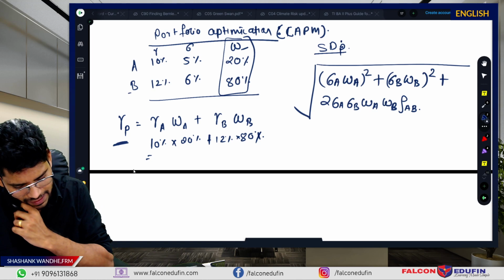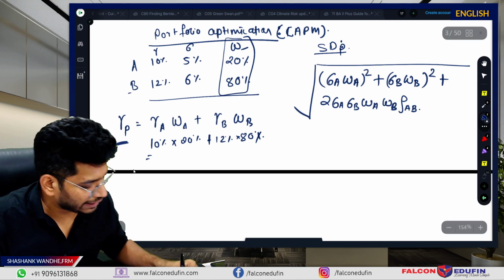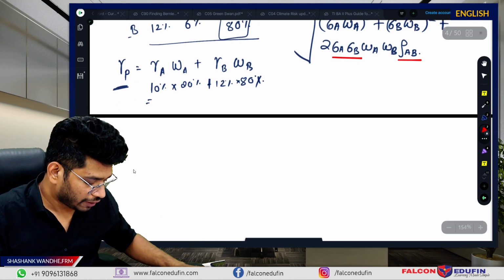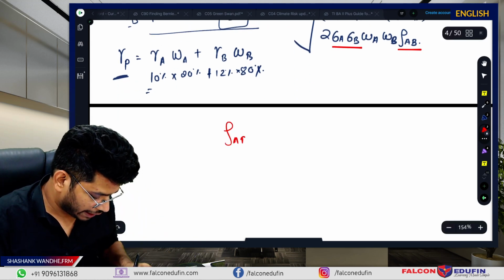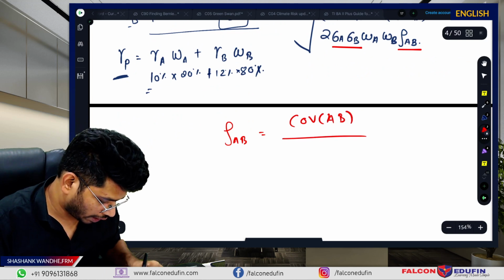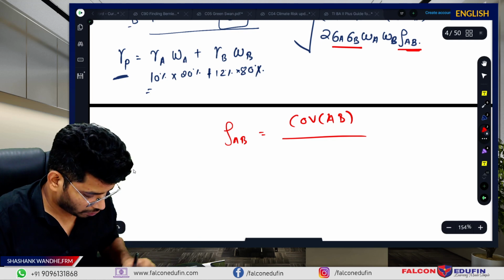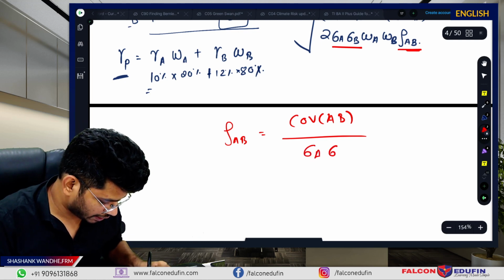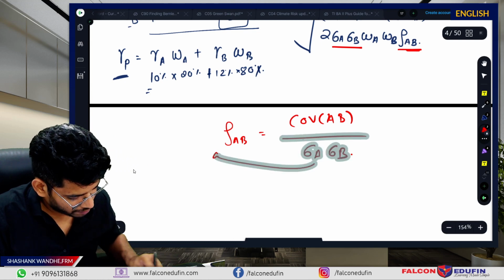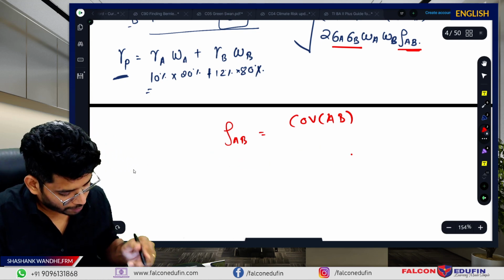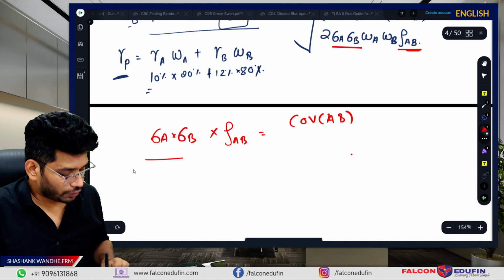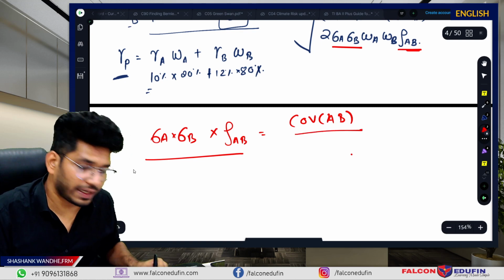Very simple, very basic. We can rewrite this formula by changing this particular part. Remember, we used the covariance for the calculation of what? Correlation coefficient. This particular part, right? Correlation, so sigma A, sigma B. If I shift these terms here, what does it become? Correlation of AB multiplied by sigma A and sigma B. If you take this full term, this will become covariance of AB.